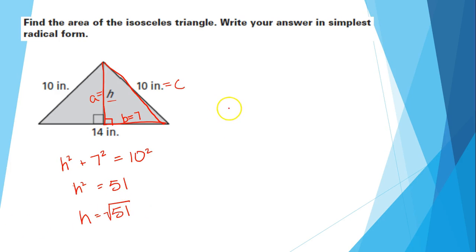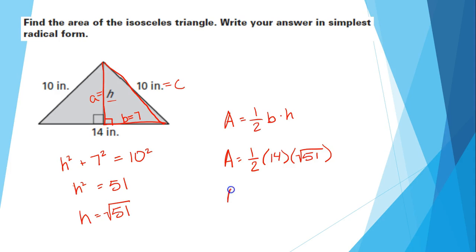So now that we have the height, find the area. Area of a triangle is 1/2 base times height. So area is going to equal 1/2. Our whole base of this triangle is 14. And our height was the square root of 51.